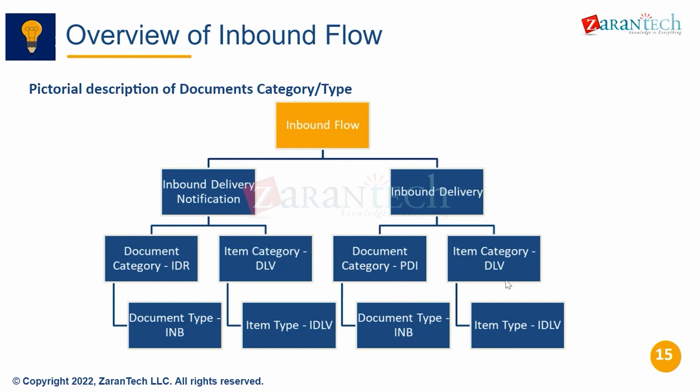Okay, and again item category and item type. So these are the combinations: whatever similar documents get created, like inbound delivery notification, the category is different but the document type is the same. So we will have the differentiator as the document category. Okay, so this is the hierarchy for the document types and document category in inbound, and similarly we'll have it in the outbound process flow as well.